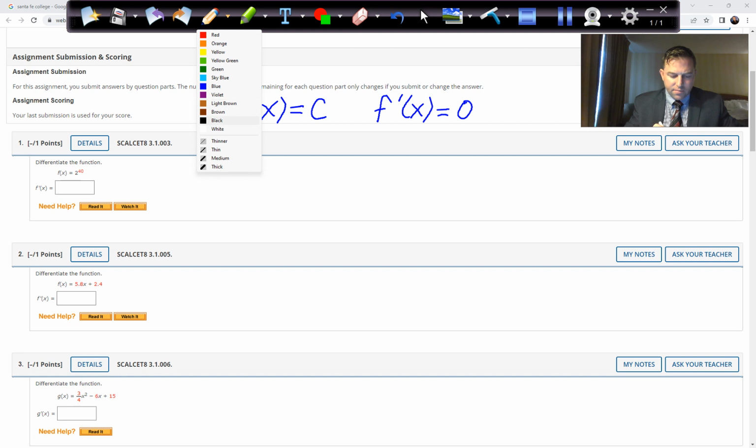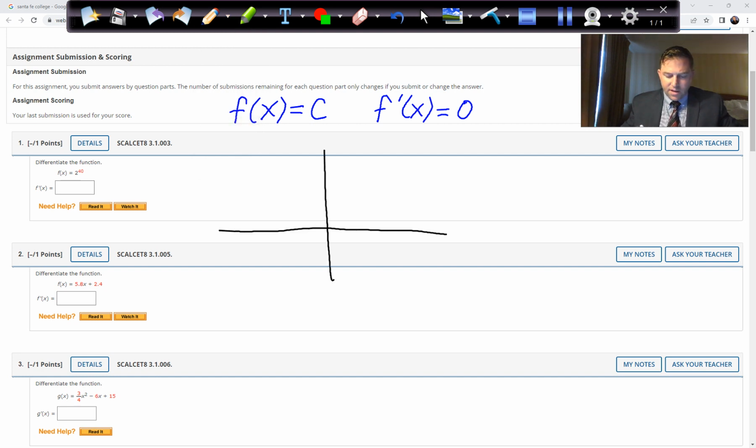And here's the idea. The derivative is the slope of the tangent line, if we recall from Chapter 2. So let's say 2 to the 40 is some horizontal line way up here on the y-axis, or in fact any constant. Let's say the constant is c, where c equals negative 20.